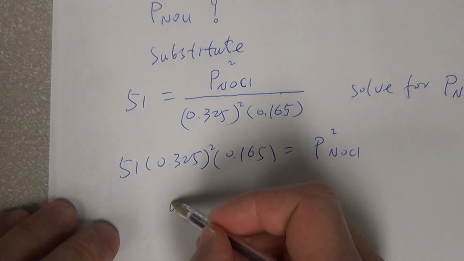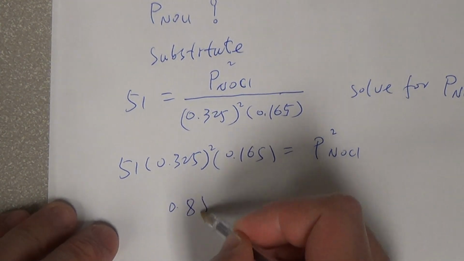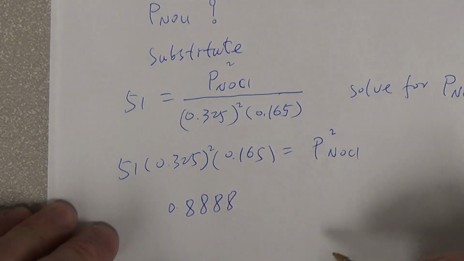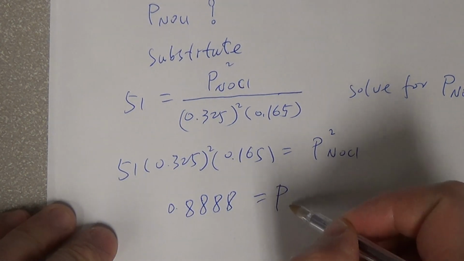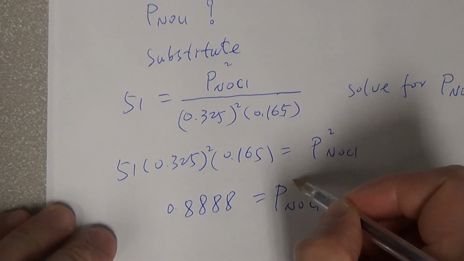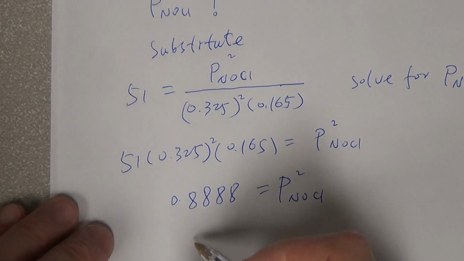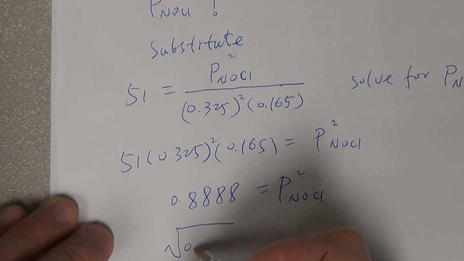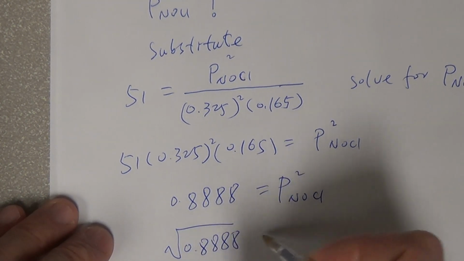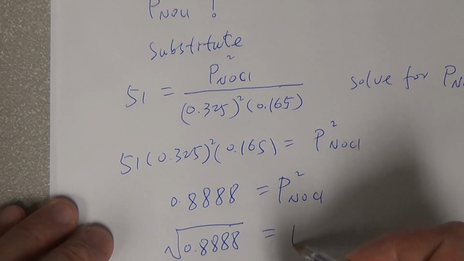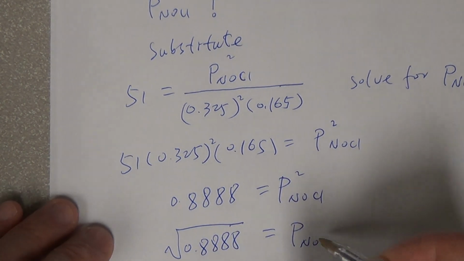And this few number multiply, we get this number. Then we take the square root. This equals P NOCl.